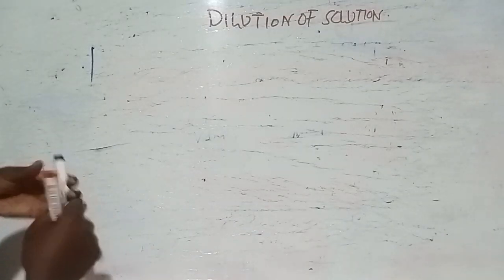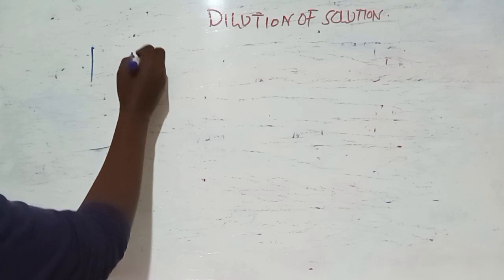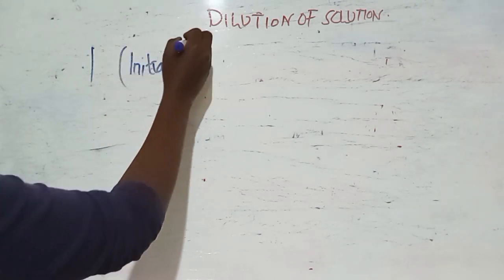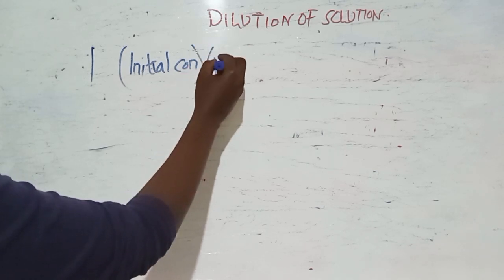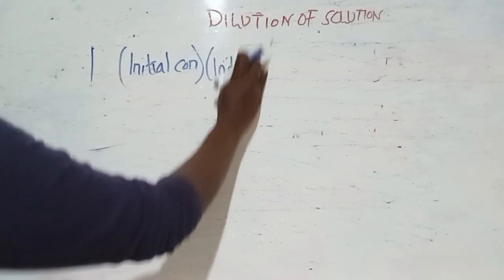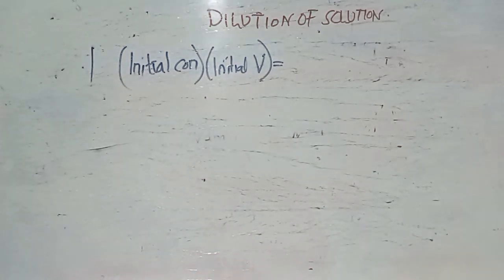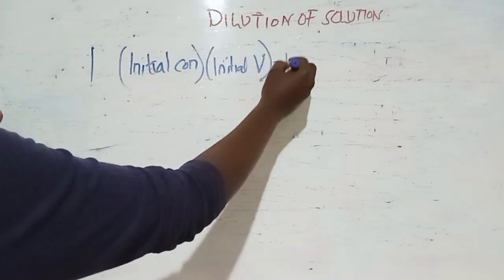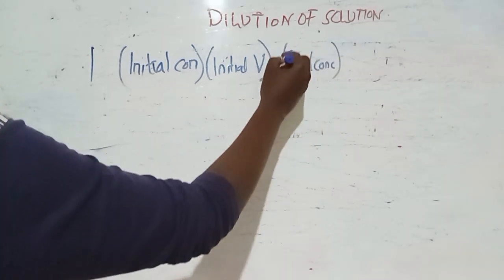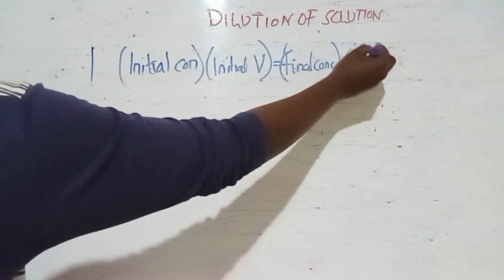How do you calculate the dilution of solution? So the formula, we say it is the initial concentration, you multiply by the initial volume to give you the final concentration, which you multiply by your final, what?